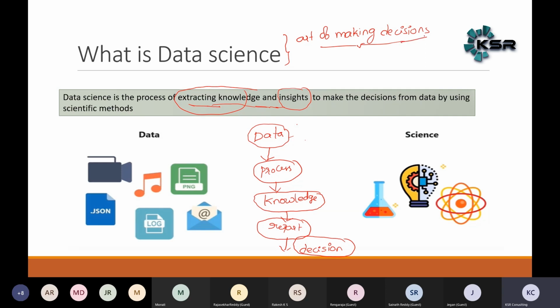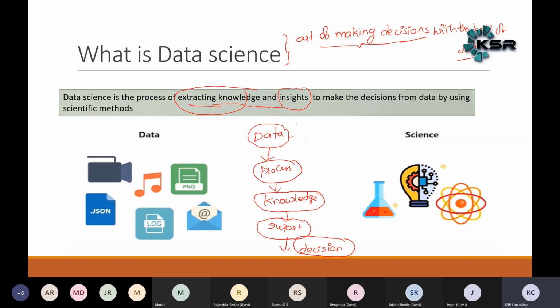Very, very easy. If someone asks you, hey, what do you mean by data science? Boss, data science is nothing but making a decision. How do you make a decision? With the help of data.